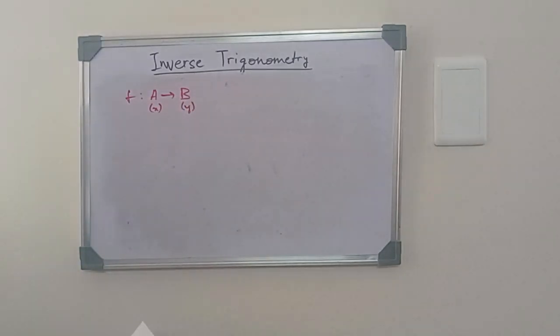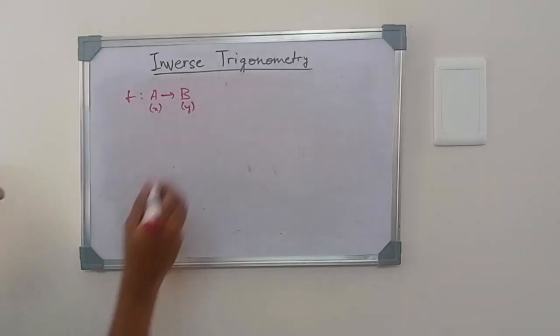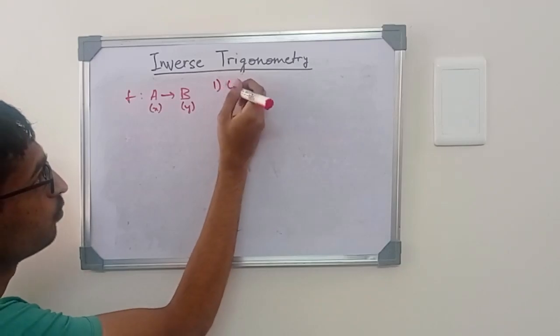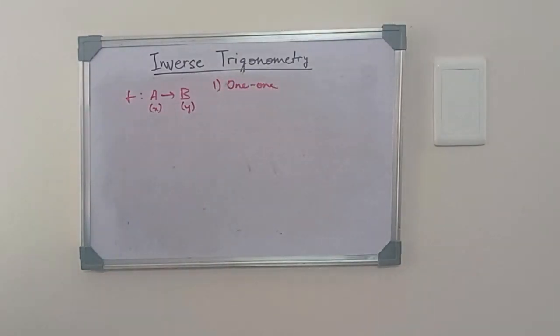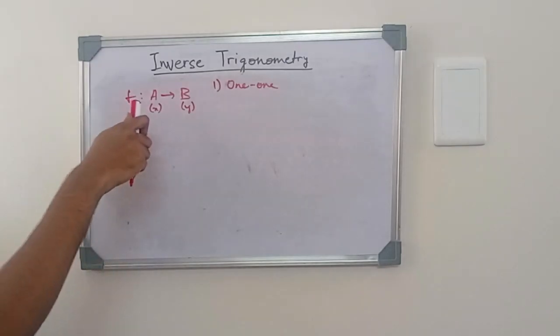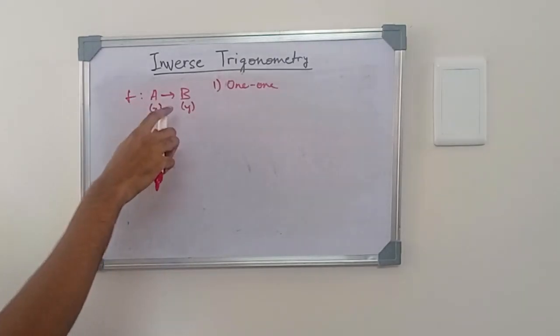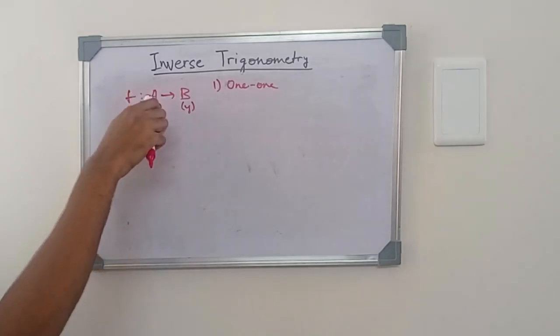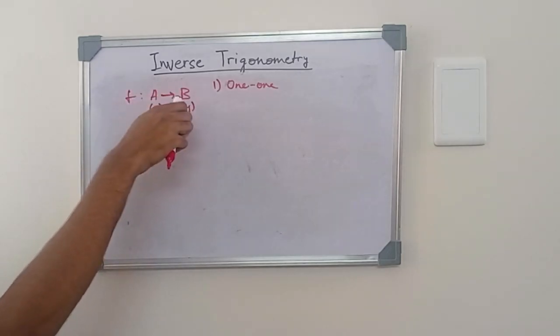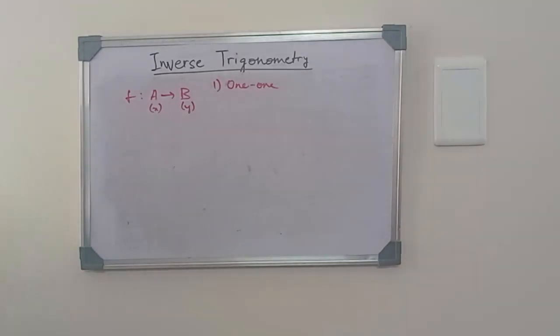We say that the function f is invertible if f is first one-one, which basically means that every element in the set A is mapped to a unique element in the set B. That is, there should not be two distinct elements in the set A which are mapped to the same element in set B.